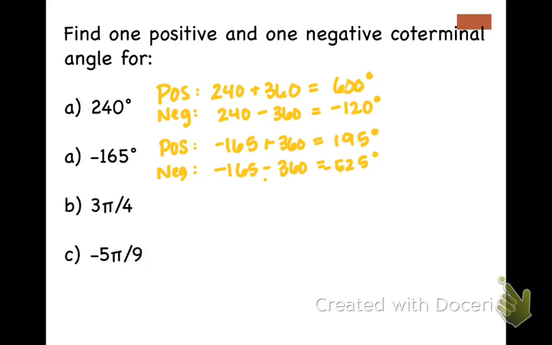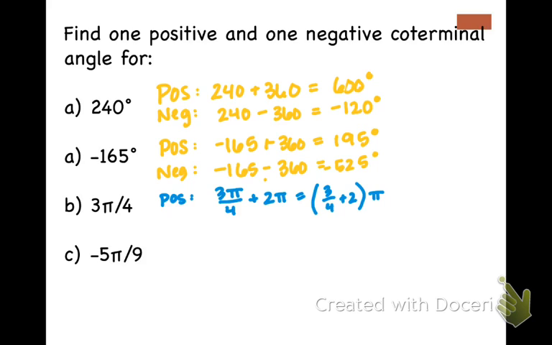For our radians, remember, we're going to add and subtract our revolutions, but for radians, a revolution is not 360, it's 2 pi. So for my positive one here, I'm going to take 3 pi over 4, and we're going to add 2 pi. And you can use your calculator to help you. We're just going to sort of ignore the pi's. I'm going to write this out a little bit more mathematically: it's 3 over 4 plus 2, times pi.